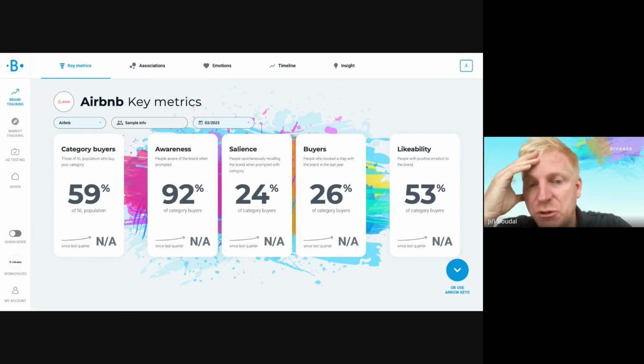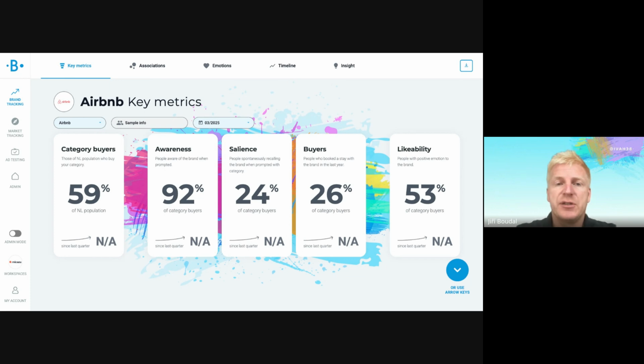But the vast majority, everything else, is using the research. But frankly, the costs are really competitive. The traditional pretests from the big incumbents can often cost like 10K euros per test.